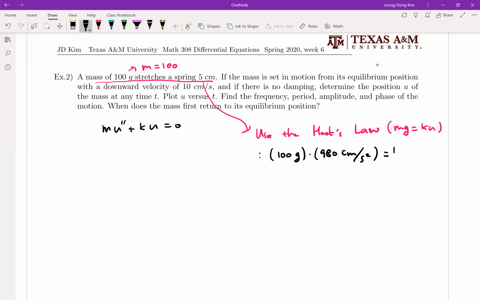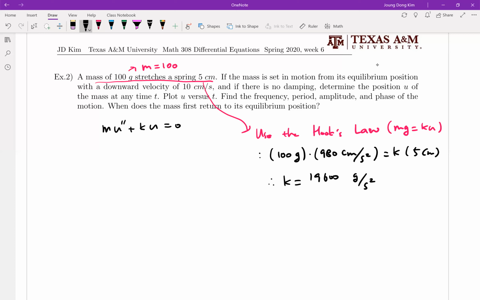We need to find constant k, and it is stretching by 5 centimeter. Just divide by 5 on both sides, and your constant k is 19,600 gram per second squared. Okay, this is my constant k.